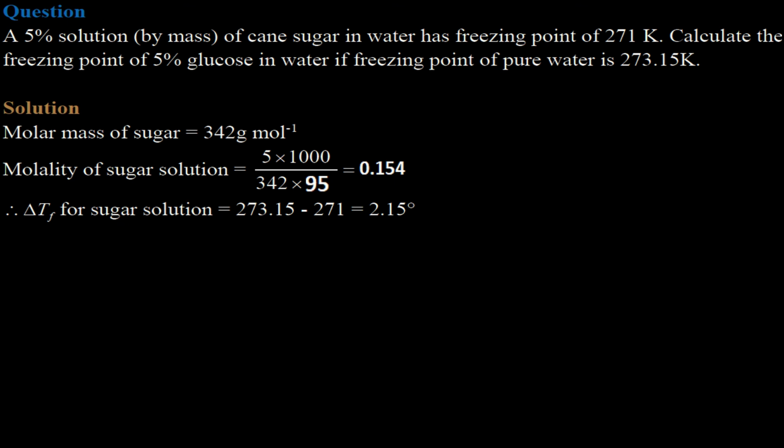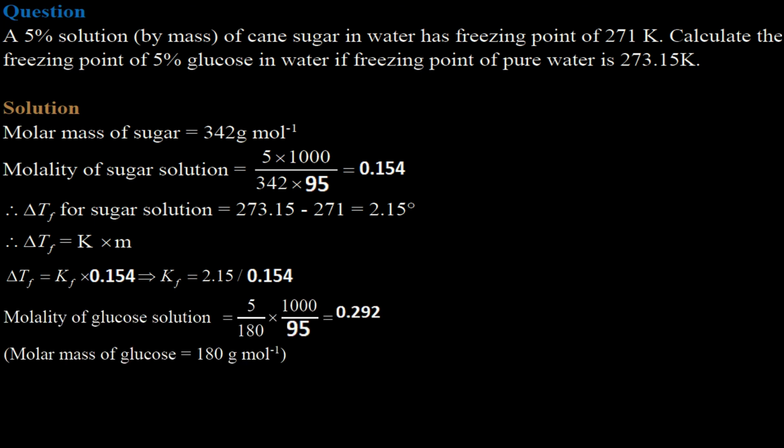That is, delta TF is equal to 2.15. Now we know the formula delta TF is equal to Kf into M. Substituting the values, we got the molality as 0.154. So Kf is equal to 2.15 divided by 0.154.